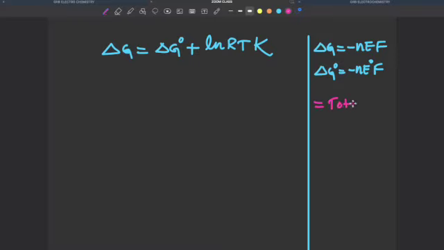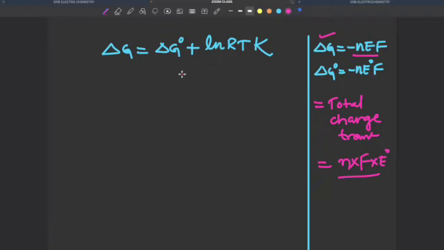The total charge transferred is nothing but the work done by the galvanic cell. The total charge is calculated by the number of electrons participating, into Faraday, into the E value of that electrode. Since it's a spontaneous process, you get the negative sign.